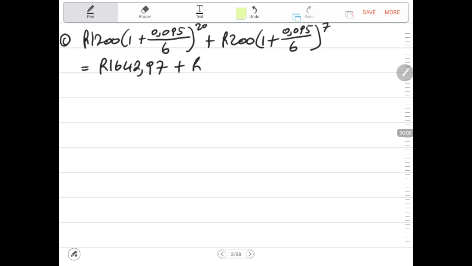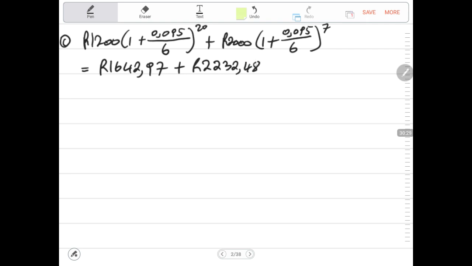Then we go to the second one, we say 2,000 rands that was added: 2,000 open brackets 1 plus 0.095 divided by 6 close brackets, second function dip, then to the power of 7. Then the answer is 2,232 rand 48 cents.